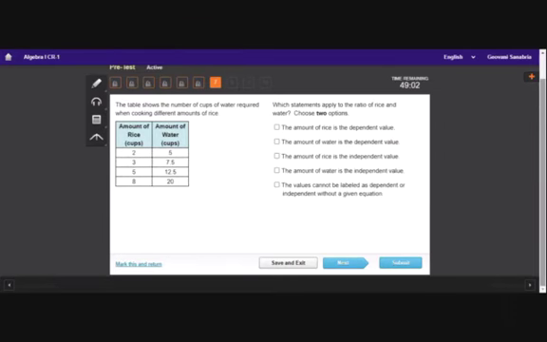So the amount of rice is the independent value because you could choose however many cups of rice, but depending on those cups of rice, that determines the water. So the water is the dependent value. So okay, amount of rice is independent. It could be whatever you want, but the amount of rice dictates how much water you're going to use. So the water is the dependent value.